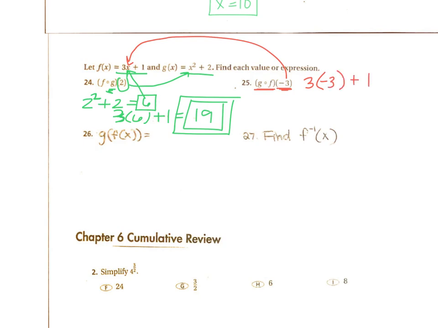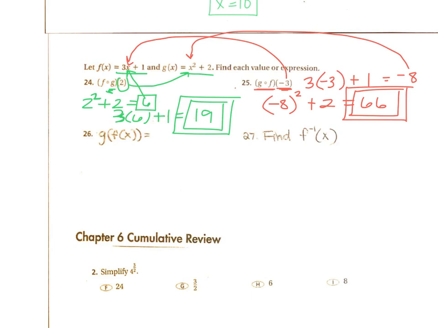Okay, so that would be a negative 9 plus 1, which is negative 8. Okay, and now we're going to plug that in to our g function. So it's going to be negative 8 squared plus 2. Right? And negative 8 squared is a positive 64, plus 2 would be 66. And that is your final answer.